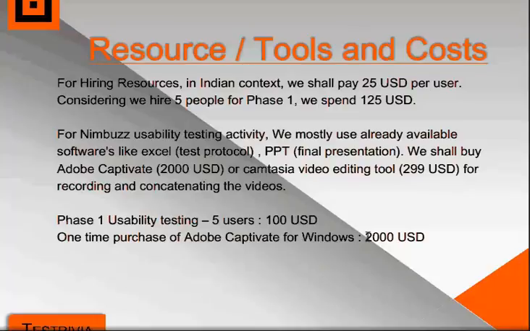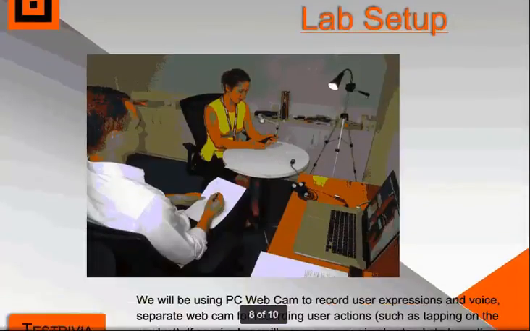For an application like Nimbus, you will use software like MS Excel or PowerPoint, and then you should buy either Captivate or Camtasia, which is cheaper, to record videos and then present them in a nice format. So that is how it goes.